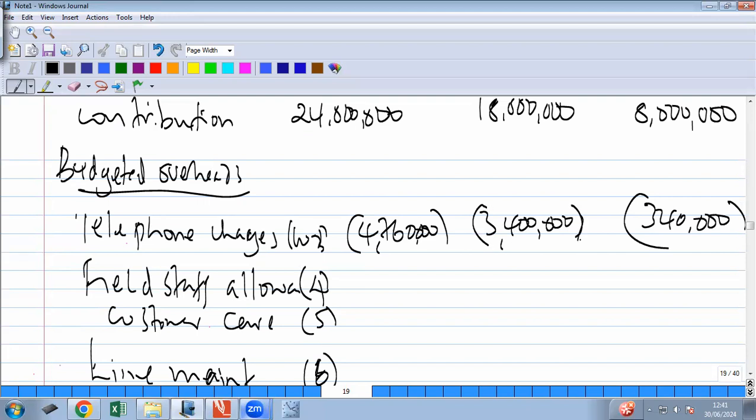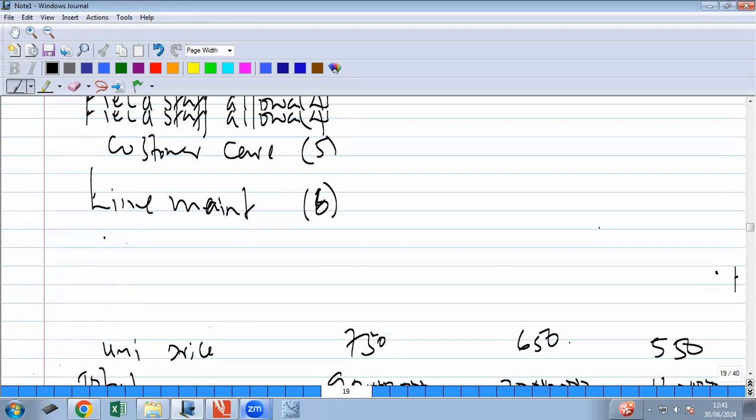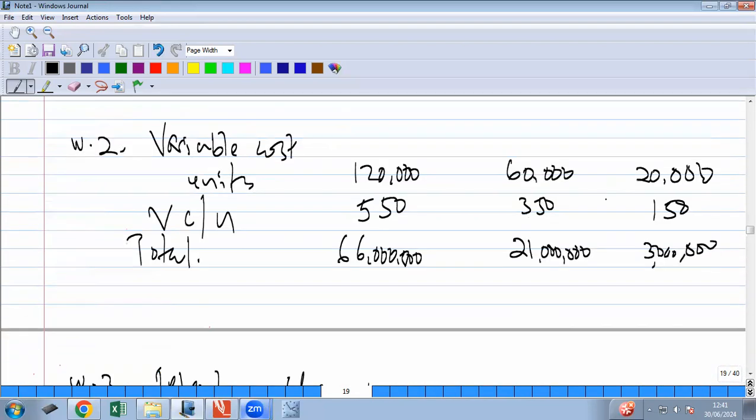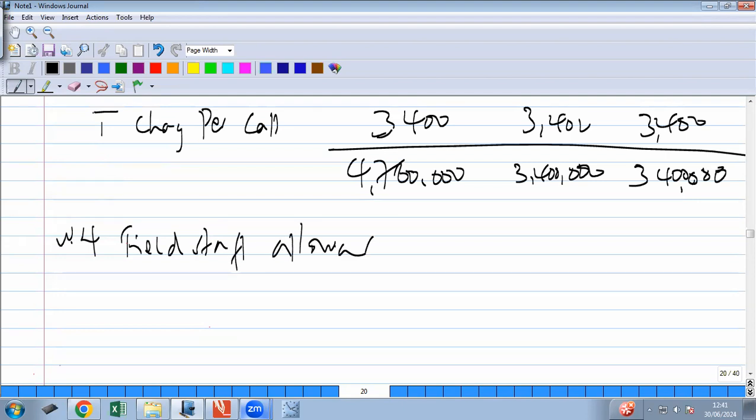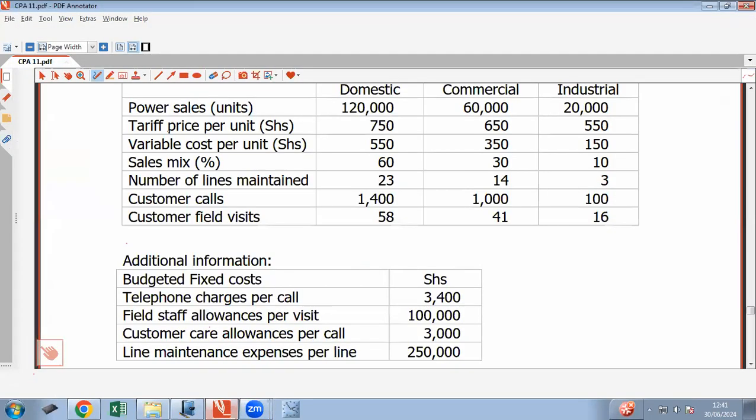Okay, we can go to field staff allowances now, which is working number 4. Working number 4. This is field staff allowances, and this one is being attributed to these field visits.